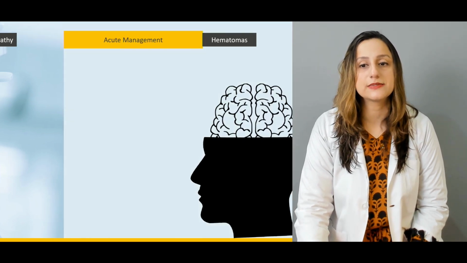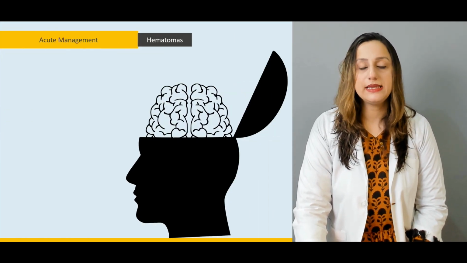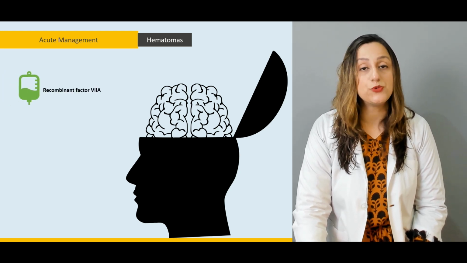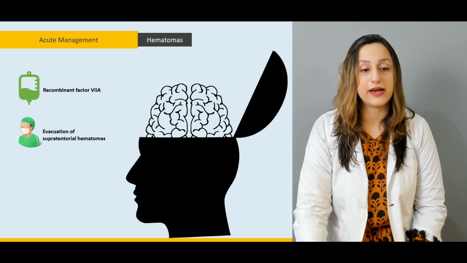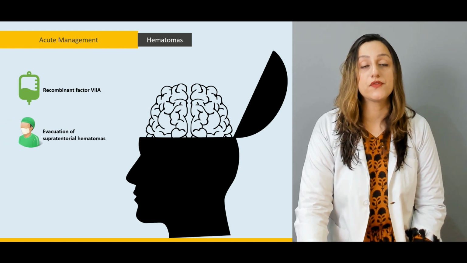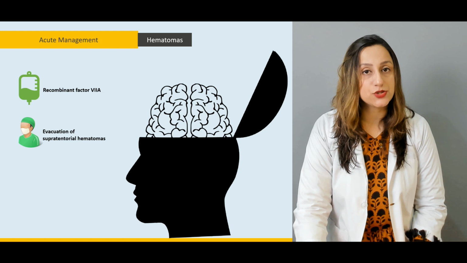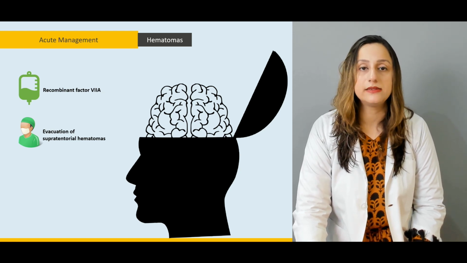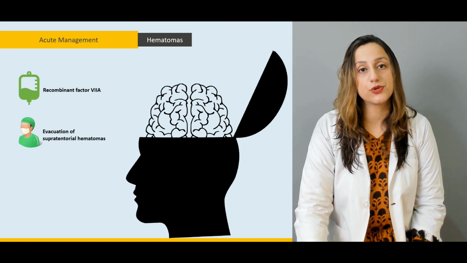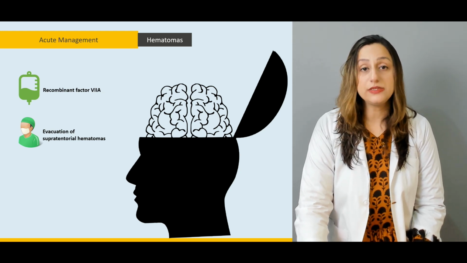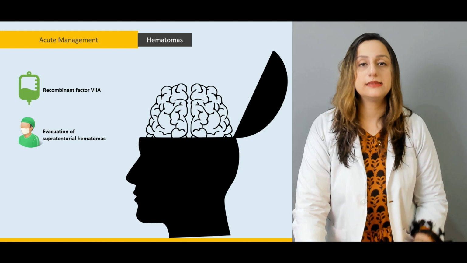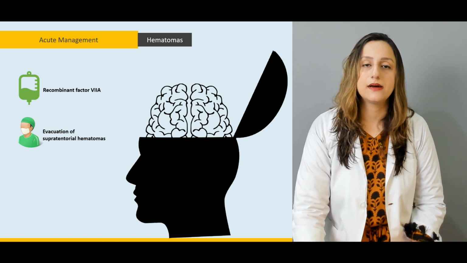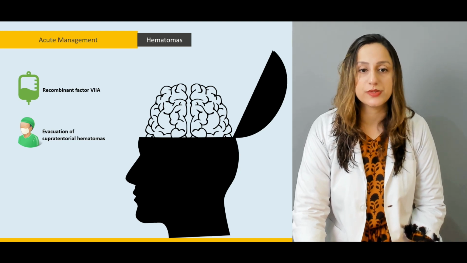Then obviously, we can even transfuse the recombinant factor 7A. For the evacuation of supratentorial hematomas, if surgical intervention is indicated and the supportive therapy is not going to respond quite well for such patients, then we're going to opt for the surgical management and the removal of such hematomas.